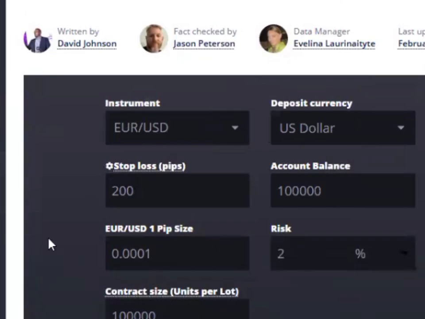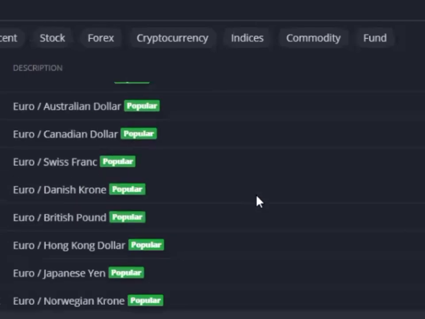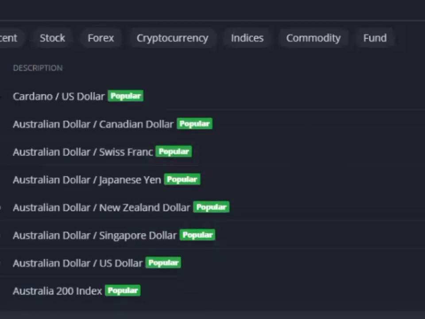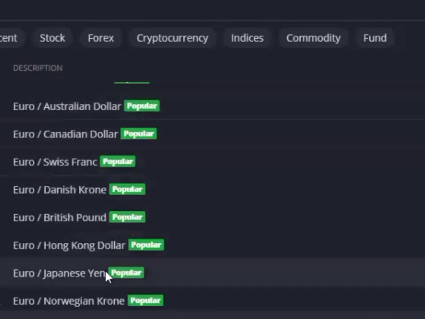So first thing you're going to do is, you can see this is the instrument, any instrument you want to trade, be it Canadian versus US dollar, Australian, and so on. Anyone you would love to trade. I love to trade the EUR USD.